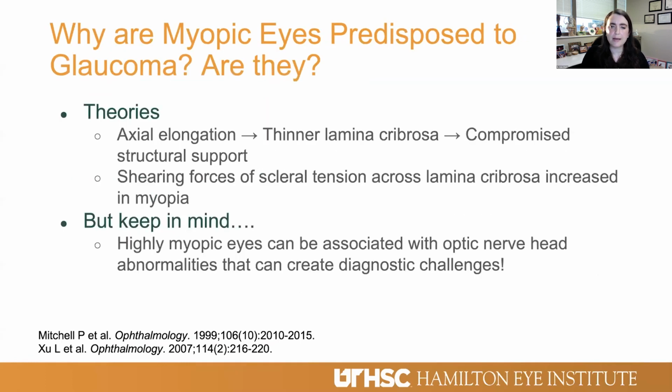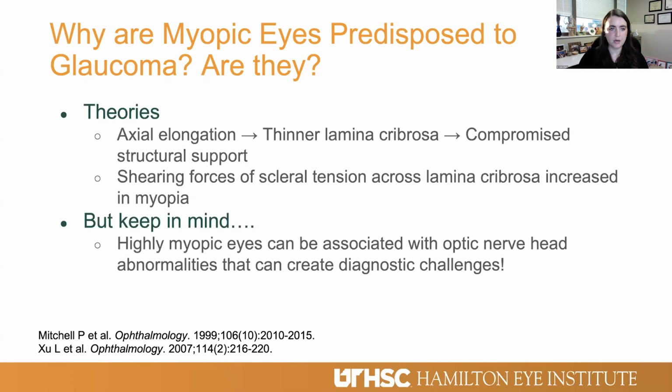Now, why are myopic eyes predisposed to glaucoma? Are they? Well, there are some theories here that make sense to me and a number of other ophthalmologists in the literature. The thought is that due to axial elongation in these long myopic eyes, these patients have a thinner lamina cribrosa, which in turn results in compromised structural support for the nerve fiber layers.